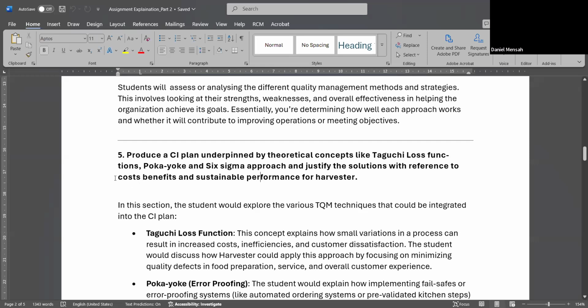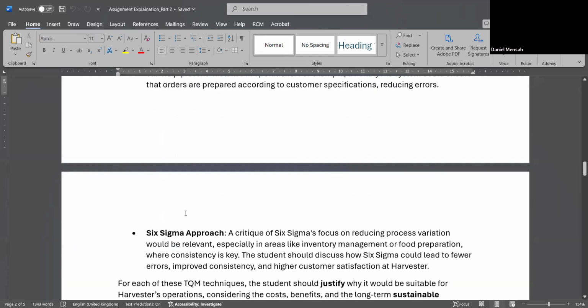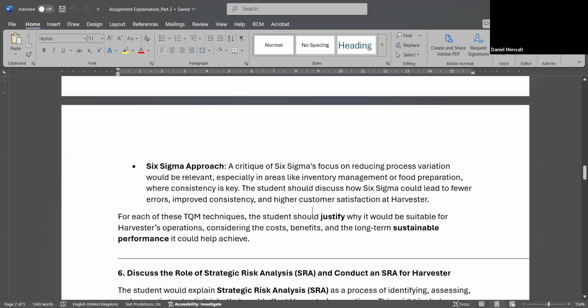What kind of cost is incurred to use the solution, what kind of benefit it is bringing if you are utilizing these techniques or bringing some solution to the organization, and then you are making the justification from sustainable performance. If you are using these techniques and implementing some kind of solution, how sustainable a performance are they going to provide in your company. Okay, so you will be discussing from this perspective. Is that clear?